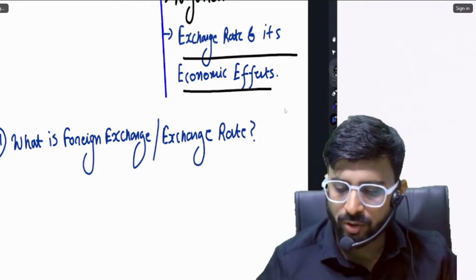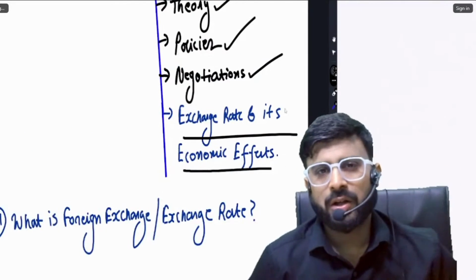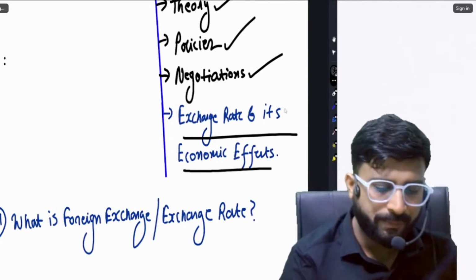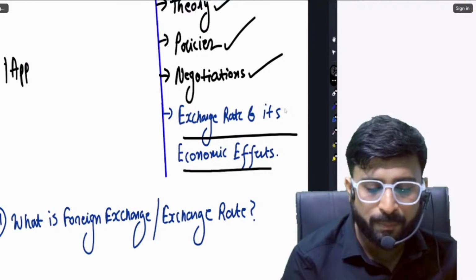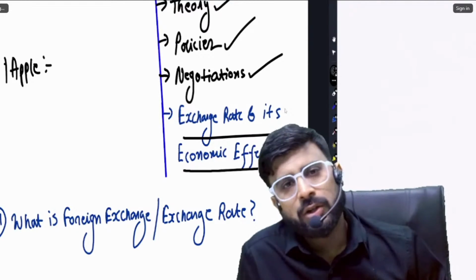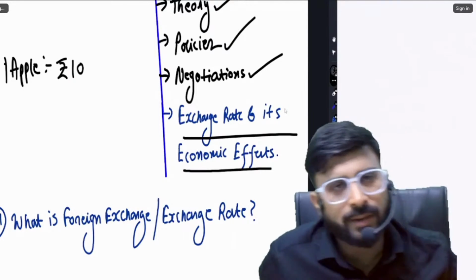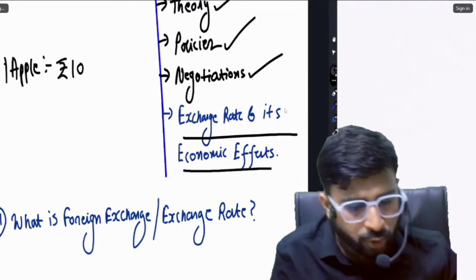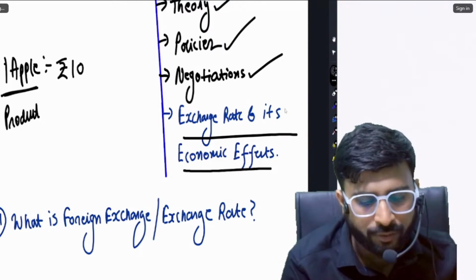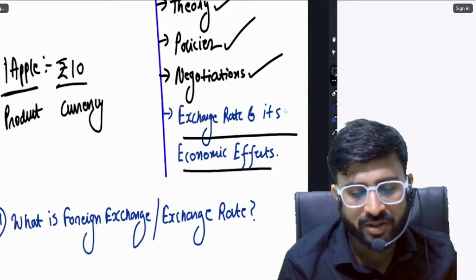So, in simple words, friends, suppose you want to buy an apple. When I say apple, not as a brand, but as a fruit. Let's say one apple costs you rupees 10. So, apple is a product for which the currency is rupees 10.